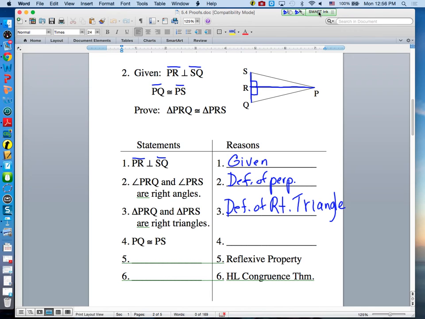Okay, where do we get segment PQ congruent to segment PS? That was also given. Update my picture, PQ, PS. Now line 5 says use the reflexive property. What can we come up with from that diagram based on the reflexive property? What's congruent to itself?